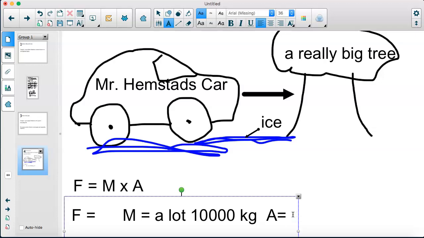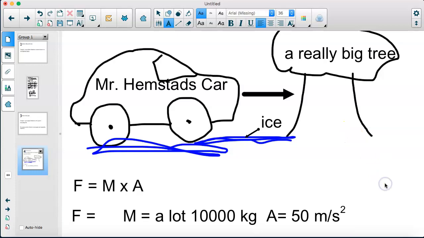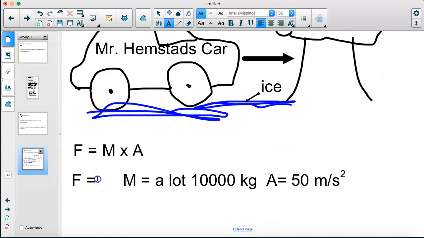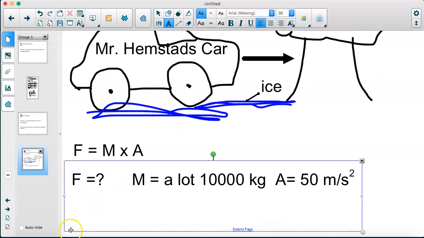I was driving too fast. I was driving way faster than I should have. I was an inexperienced driver. I was young, and I hadn't learned the lessons that I was about to. I was accelerating at about 50 meters per second squared. So, using Newton's second law, I can figure out what my force is, right?